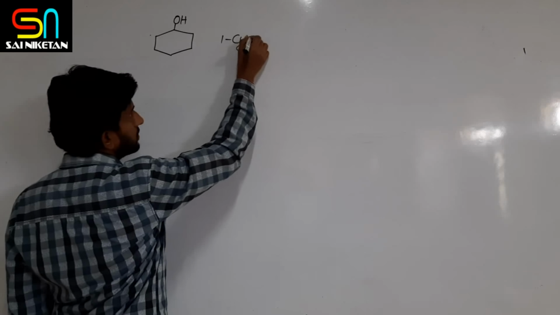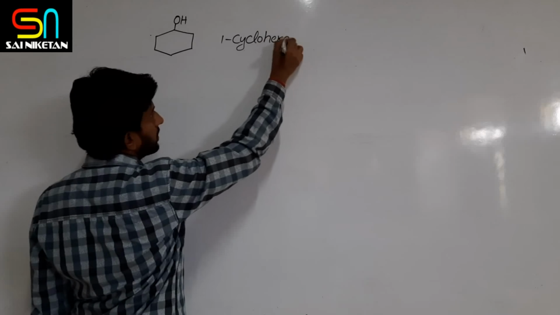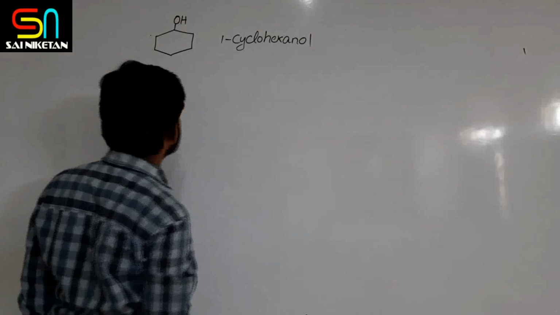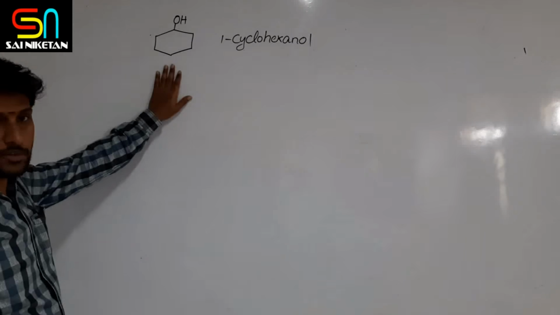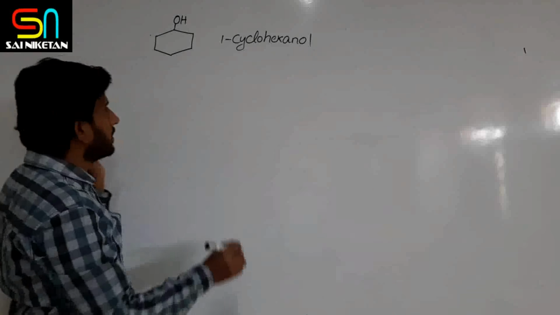Next, nomenclature in case of cyclic compounds. If you take, like I am writing here, cyclohexane ring with 1 OH group, this can be called as cyclohexanol, because you know that for cyclic compounds, cycloalkanes, prefix is cyclohexane, right? OL, alcohol.